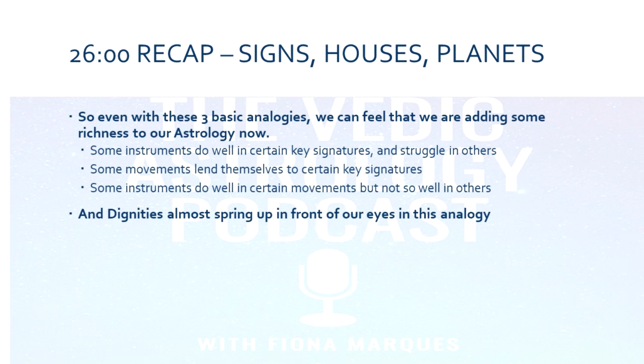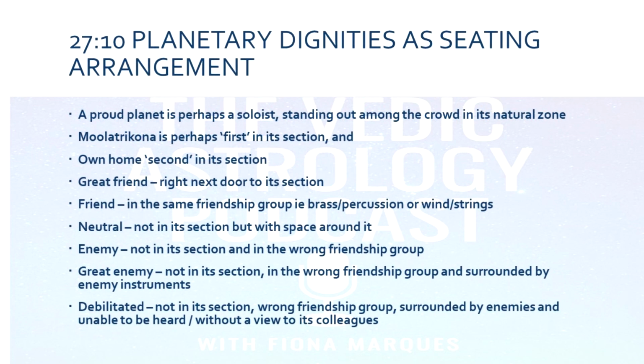So now we've got our fundamentals laid out there. I can almost see dignities springing up in front of my eyes. And just staying with what you're experiencing as we think of the orchestra as a birth chart, and we begin to slip into this dignities conversation, that's when we see that the seating arrangements of the orchestra are really important.